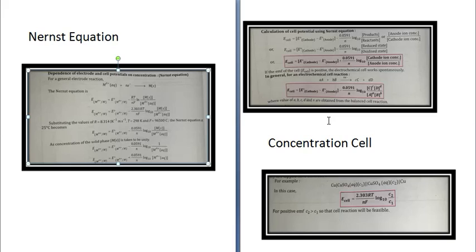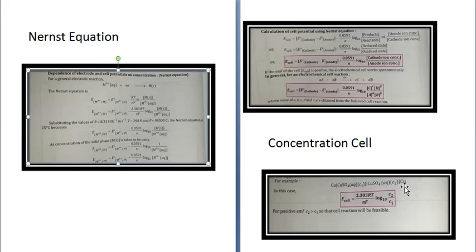Next we move on to concentration cells. A cell in which both the electrodes are of the same type but the solutions of electrolyte in which they are dipped have different concentrations is called a concentration cell. For example, here Cu/CuSO4 concentration C1 and here CuSO4 concentration C2/Cu.